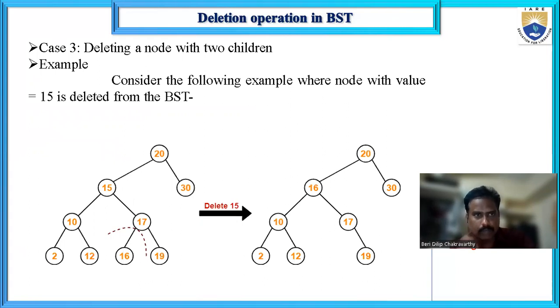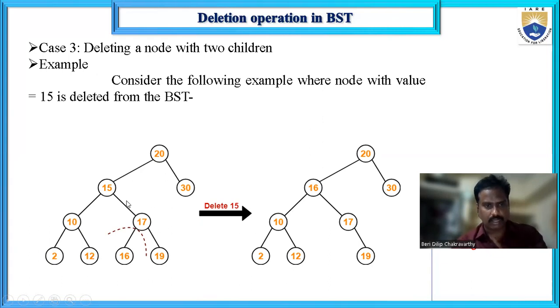Consider this example where I need to delete 15, as 15 has two children, 10 and 17. Before deleting that 15, I can implement either method. As I already told you, if you are considering the left subtree, then you have to take the greatest element in the left subtree.